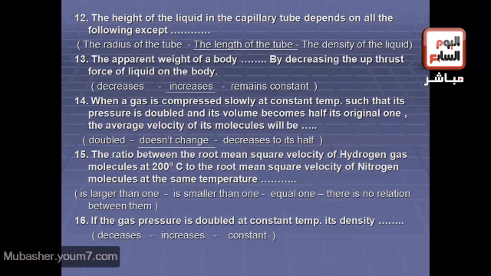Very good. Another sentence. The ratio between the root mean square velocity of hydrogen gas molecules at 200 degrees Celsius to the root mean square velocity of nitrogen molecules at the same temperature. Yes, we have here temperature is constant, then V1 divided by V2 will equal the square root of root 2 divided by root 1, and since the density of nitrogen is greater than the density of hydrogen, yes, the answer will be greater than 1.